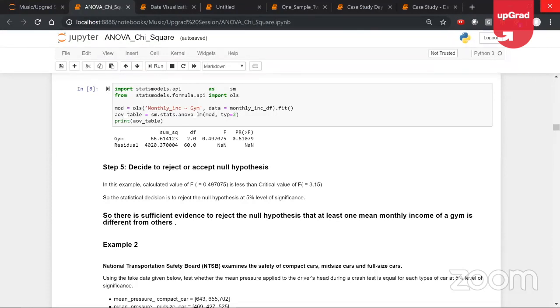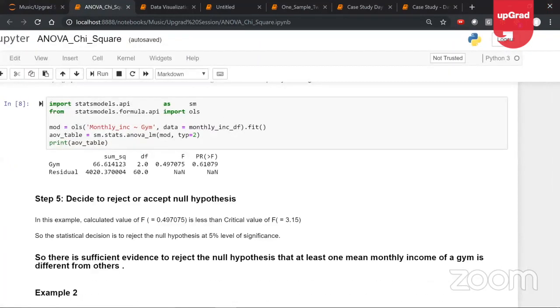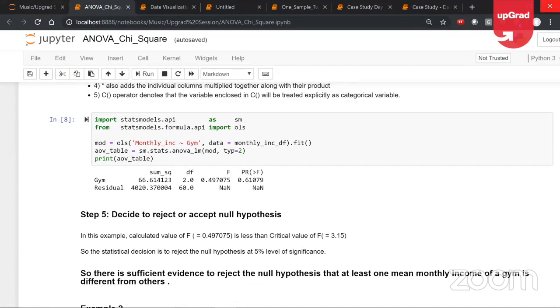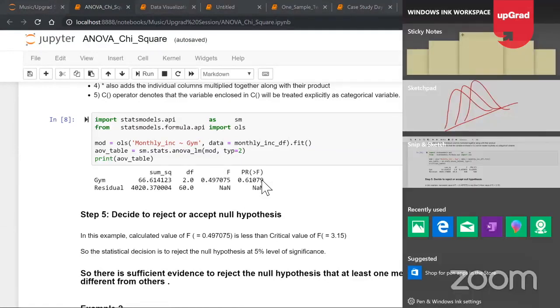Now, this is how we actually use ANOVA and t-testing in a real-time scenario. If you look at the output, we are seeing a p-value of 0.61. P-value should be less than 5%, right? So if P is less than 5%, we can say the feature is significant. As I said, what is the takeaway from all of inferential stats?